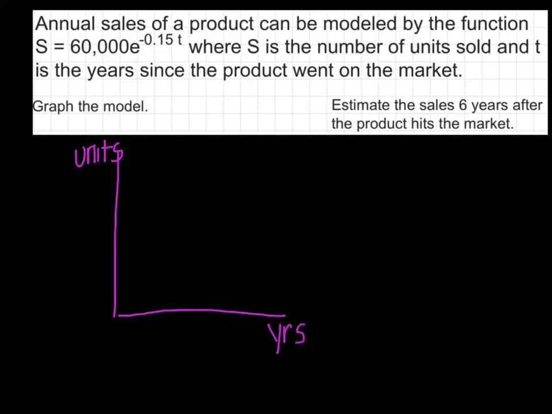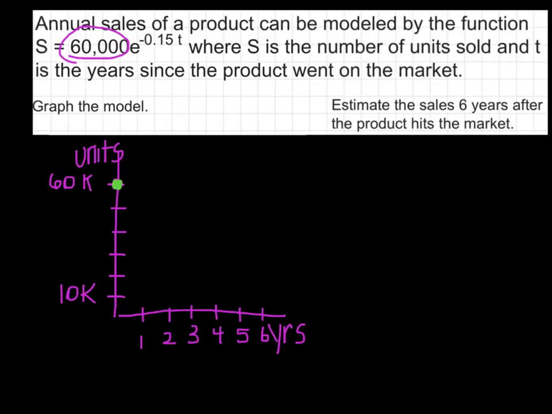If I look at the equation, I know that the 60,000 is going to be my y-intercept, so I think I'll count by tens. This would be 60,000. This is 10,000. So sales is going to begin at 60,000.